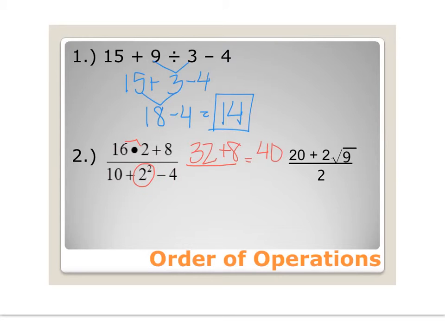I need to do exponents first in the denominator. So 10 plus 4 minus 4. And then what we would do next is add and subtract from left to right. 10 plus 4 is 14. Minus 4 is 10. And 40 divided by 10, everyone, is 4. So that fraction simplified is 4.